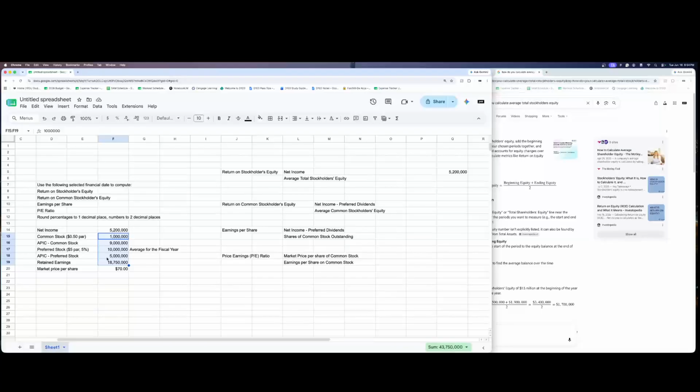So it's going to be common stock, additional paid-in capital, common stock, preferred stock, additional paid-in capital, preferred stock, as well as retained earnings.